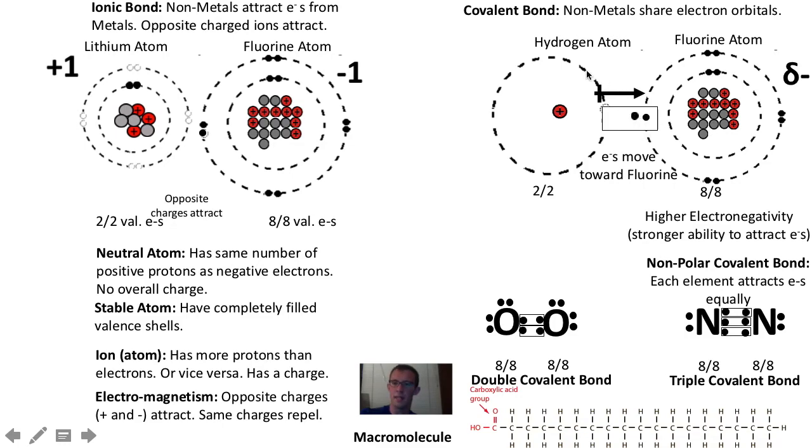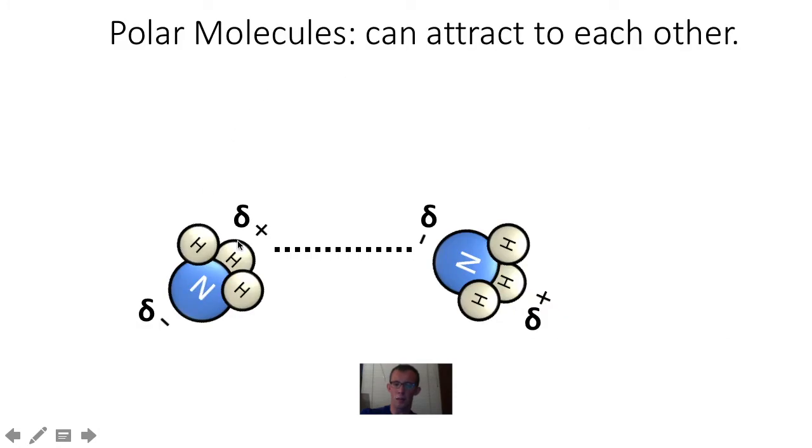And because the hydrogen atom is just slightly losing these negative electrons, the hydrogen atom becomes slightly positive. And so we call this type of covalent bond a polar covalent bond, where the electrons are pulled to one side of the molecule. Now what's important about this imbalance in a polar covalent bond is that it gives polar molecules the ability to attract to each other.